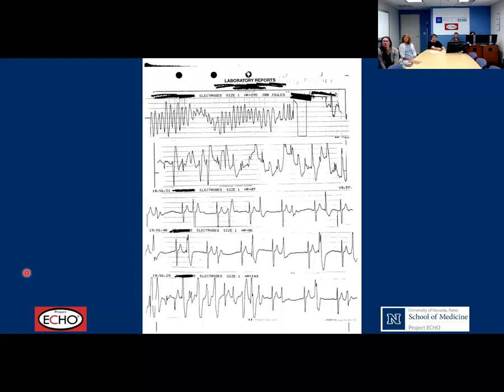So you can see on the top strip, that is torsade de pointes. That means turning around the point, and that patient has a lethal arrhythmia. She's actually at a hospital by this time. That little pause is when she got shocked, but you can see she does not have a stable rhythm.